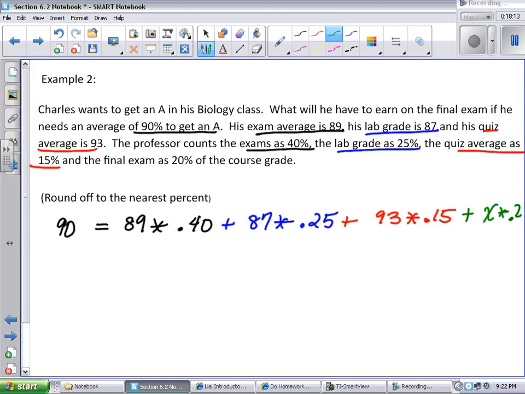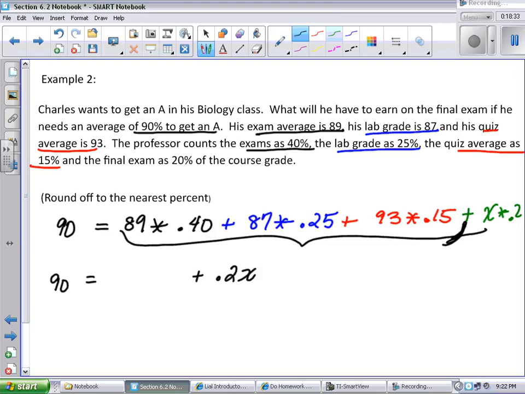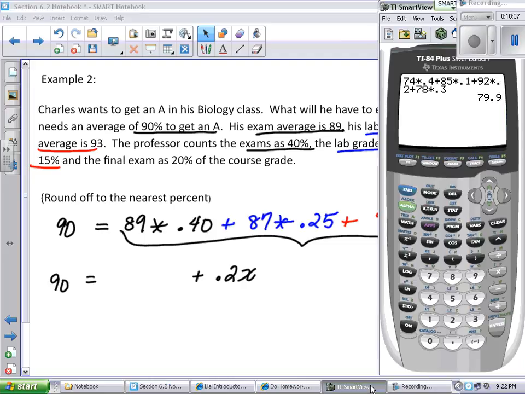So if we think about how to calculate all of this out, I'm going to do this whole calculation up to here on the calculator. So I'm going to have 90 equals some number plus 0.2x. So let's calculate that on the calculator.